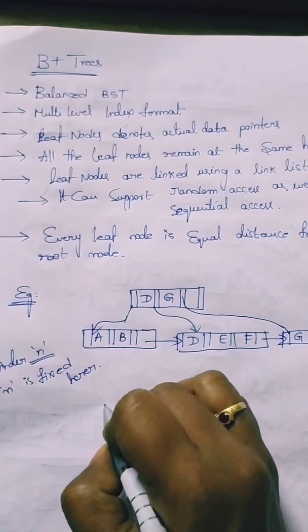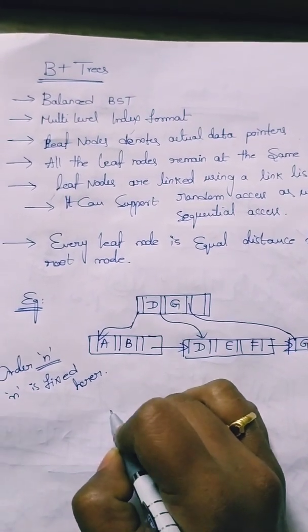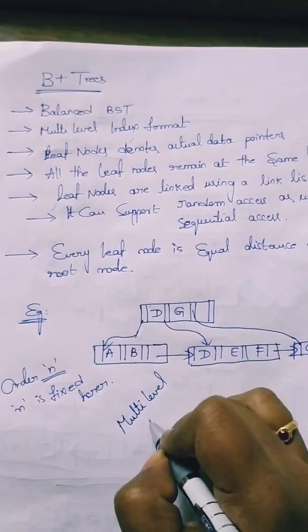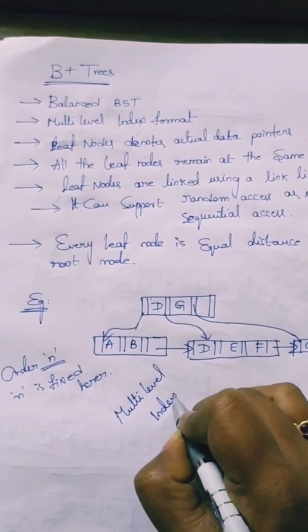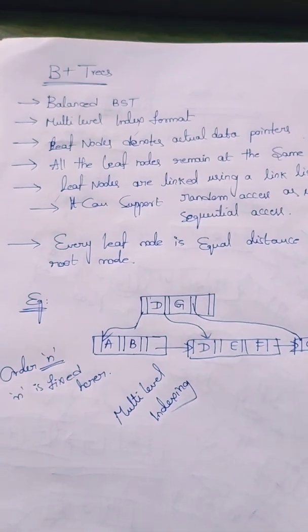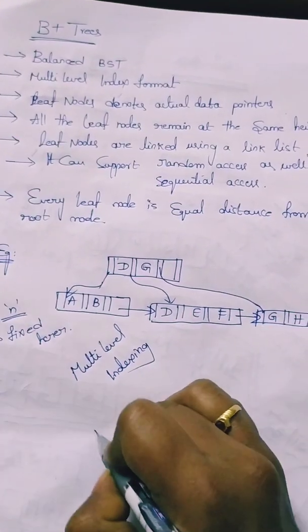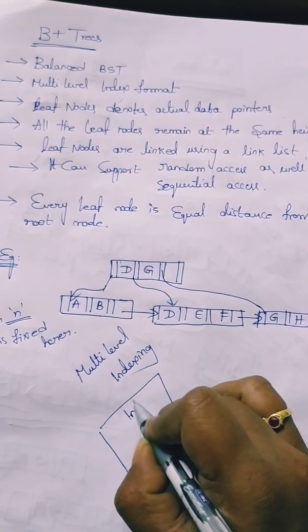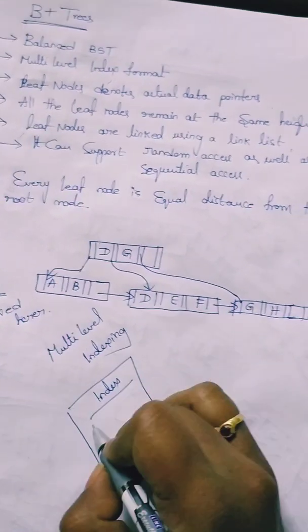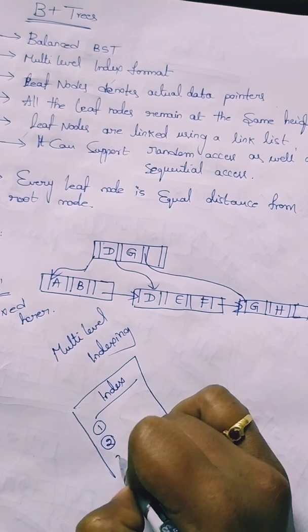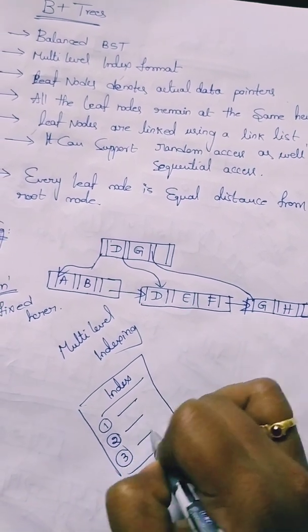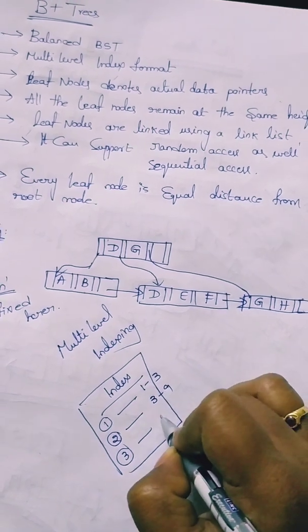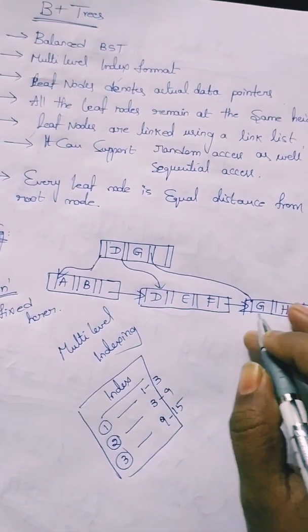I already mentioned multi-level indexing in the second point. What is multi-level indexing? In our textbook's index page, all the chapters have page numbers given: 1 to 3, 3 to 9, 9 to 15.